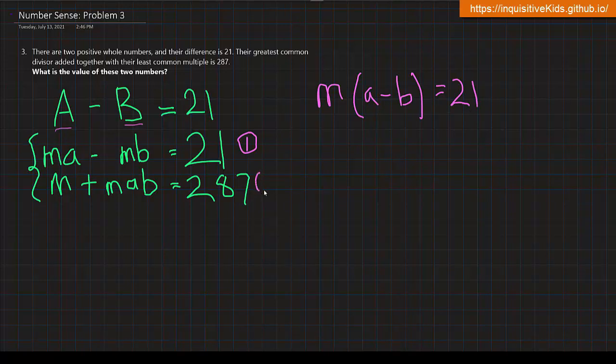And in equation number 2, we can do the same thing. We can factor out M. That gives us M times the sum of 1 and ab, equals 287.